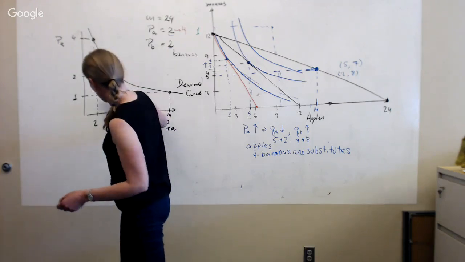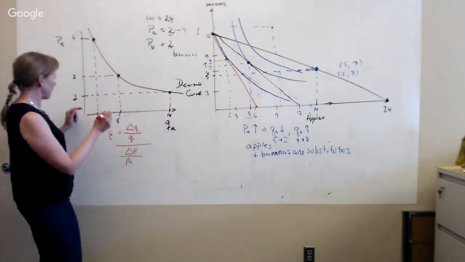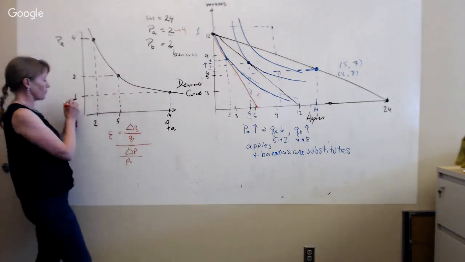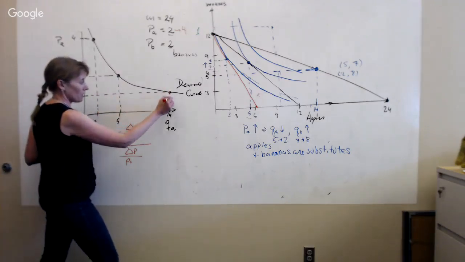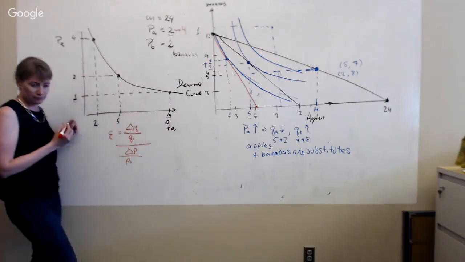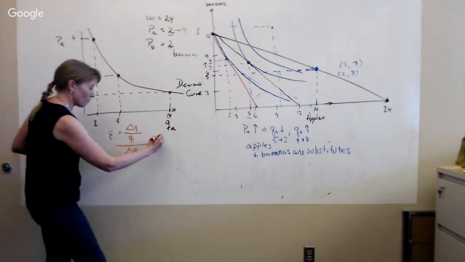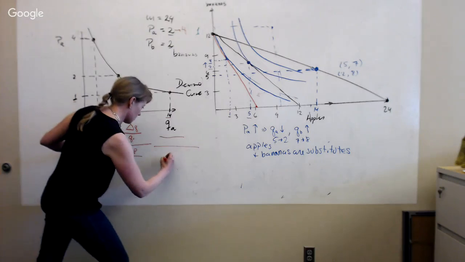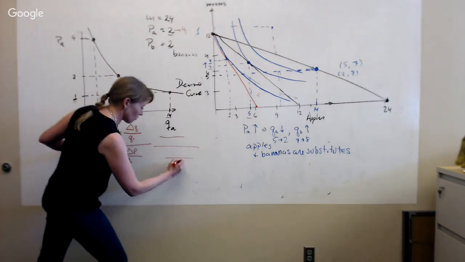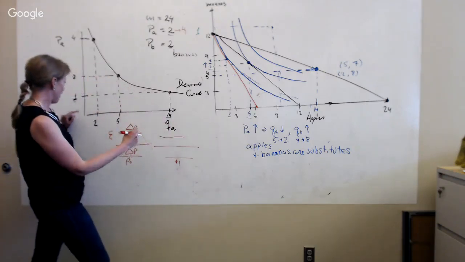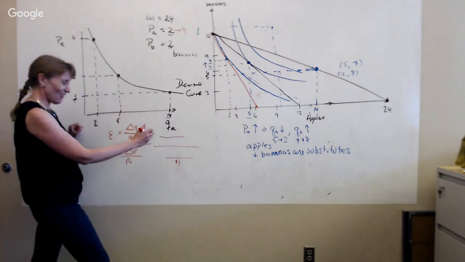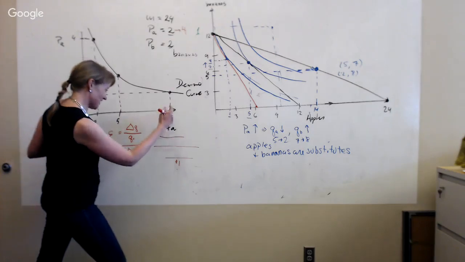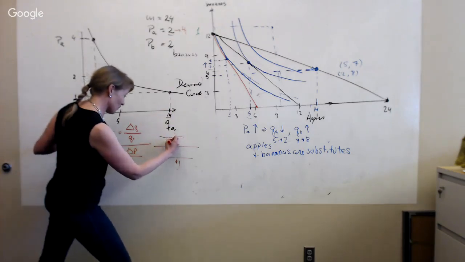So if we're going to go from 1 to 2, if the price is 1, the quantity is 14. Our initial price is $1, and the initial quantity is 14.